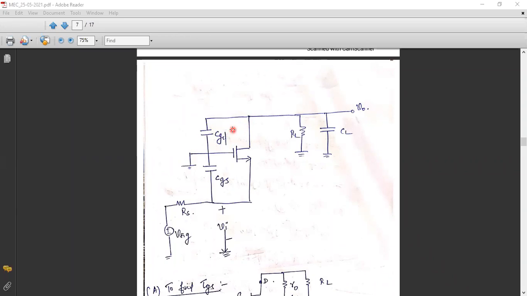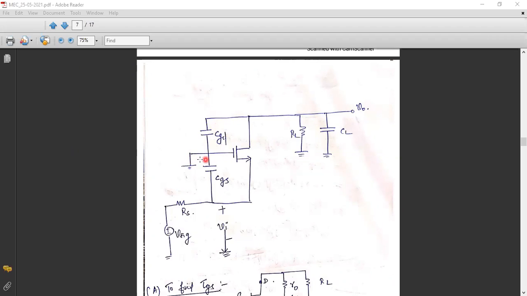Okay, now knowing this particular fact, tell me which is the resistance now connected across the drain and ground. You have to analyze the terminals where you have connected CGD, and across that terminal, identify the resistance which is connected.